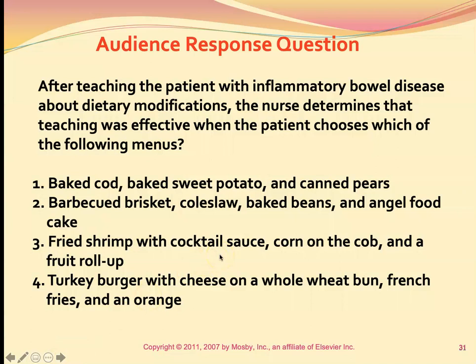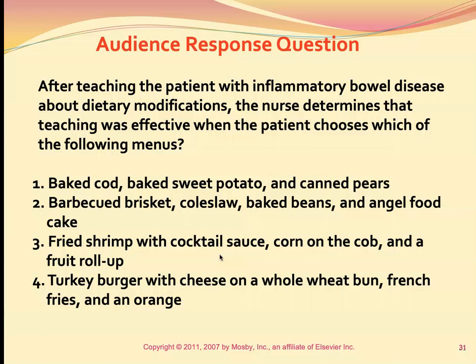Okay, since you are not here to respond to my questions, I guess I'll be reading and I'll be the audience. So after teaching the patient with IBS about dietary modifications, the nurse determines that teaching was effective when the patient chooses which of the following menus: baked cod, baked sweet potato, and canned pears.